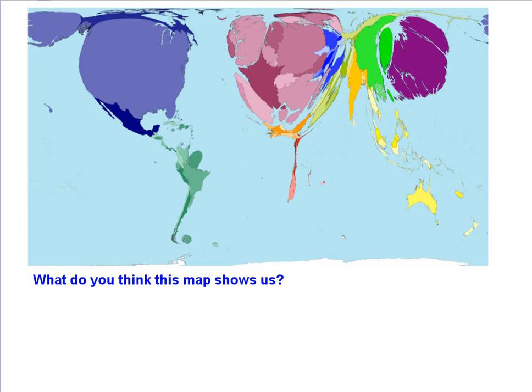Instead of brightness, now we see sizes. And eventually we figured out that these sizes are about money. The more money you have, the bigger the country is. And we could see where the money is. The money's here in Japan, the money's here in Western Europe in particular, the money's here in the United States.